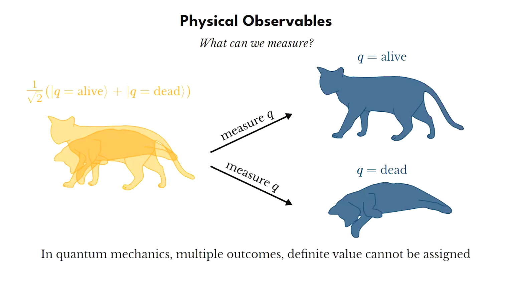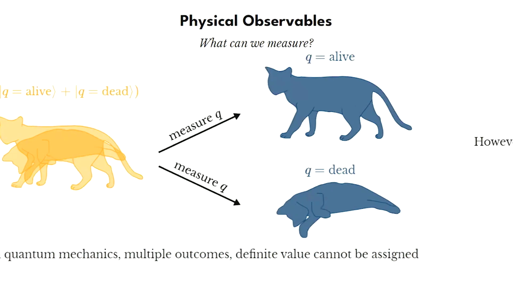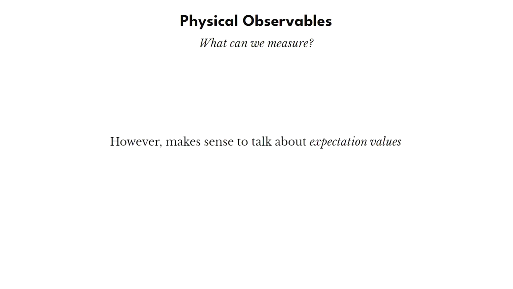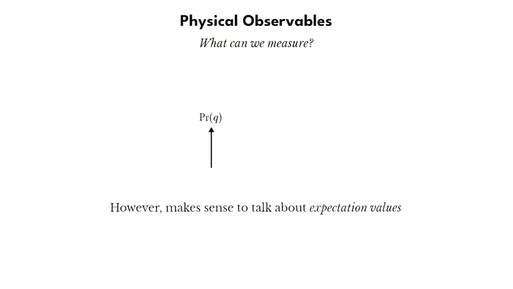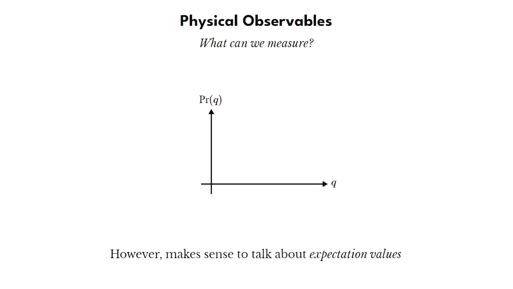So for a quantum system, you actually need to repeat the measurement many times so that you can get statistics. So it makes sense to talk about how probable the cat is dead or how probable the cat is alive. And this is actually just the expectation value, which gives you the average, telling you how probable the state is, with a certain error.